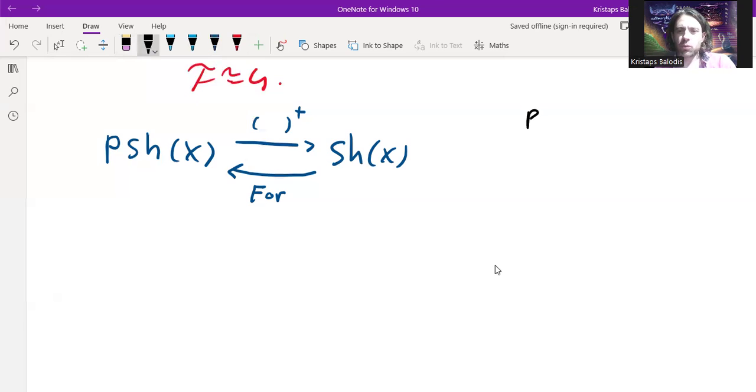So by the way, we have in general for two categories, what does it mean for categories to be the same, right?